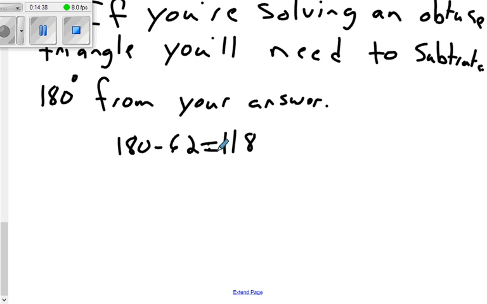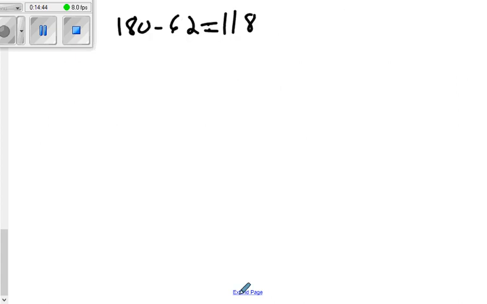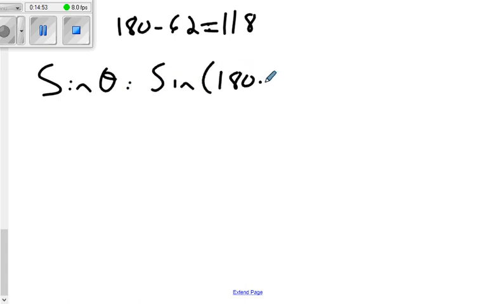And cosine works a little differently. Okay? For sine, it was this.